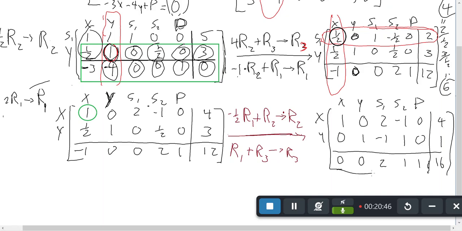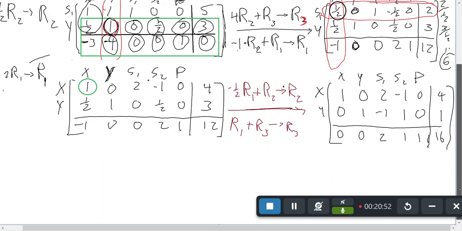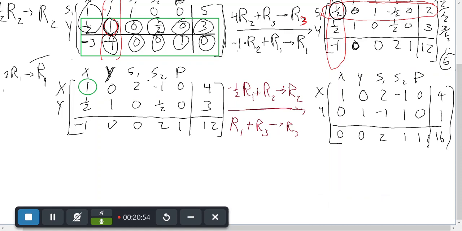At this point, we see there are no negative numbers in the bottom row. That means we're finished. And luckily, our rows are finally named X and Y, which tells us directly what X and Y are. When we look over here, X is 4 and Y is 1.